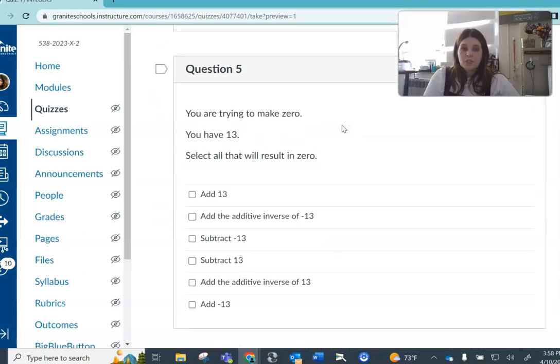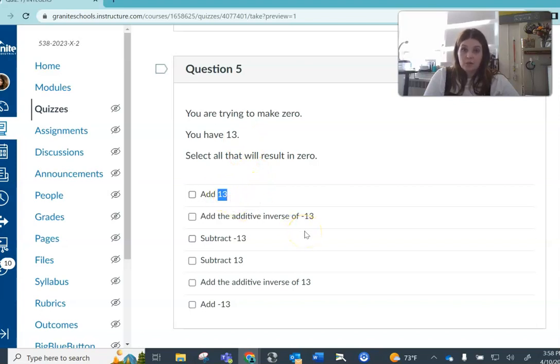Our last question is a little bit more complicated. This is another kind of additive inverse, knowing how you cancel out all the numbers problem. This one says you are trying to make 0 and you have the number 13. Select all that will result in 0. The first one says you add 13. What they mean is you take this 13 and you add to it 13.